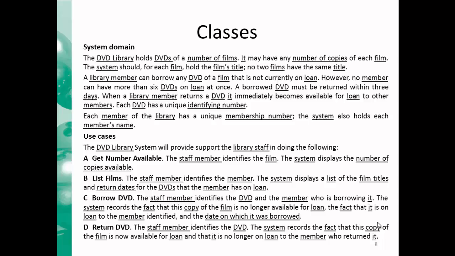You can easily see that some of the nouns or noun phrases are repeated. For example, if you take DVD, you find it in more than one place, or film, or loan. So we'll take a copy of each one of them and we will continue working on these to be able to identify our classes.